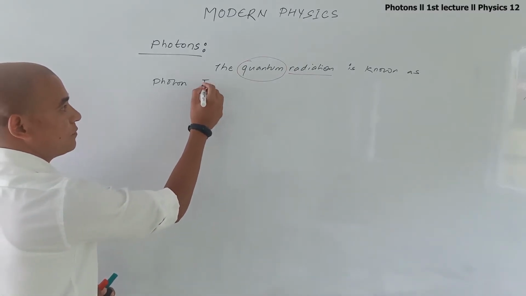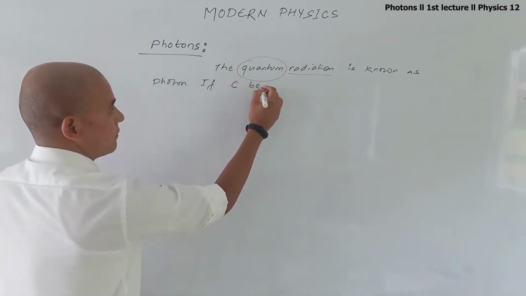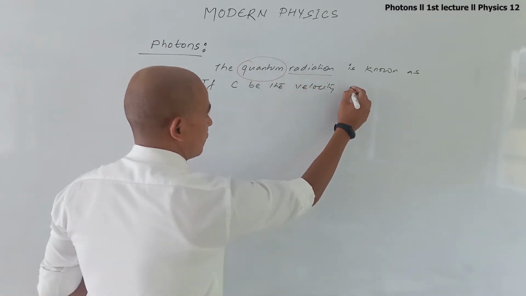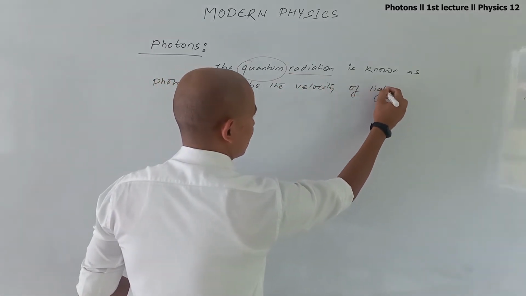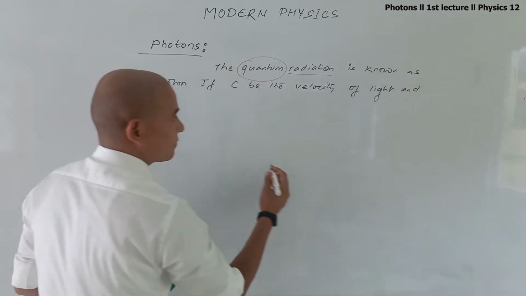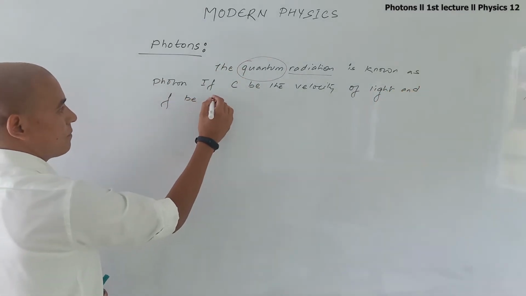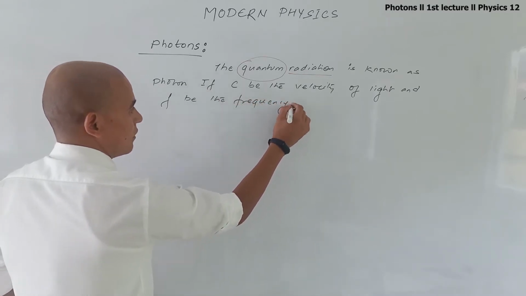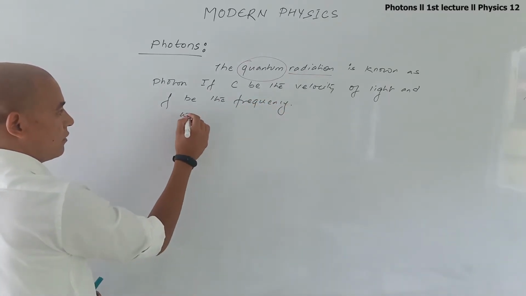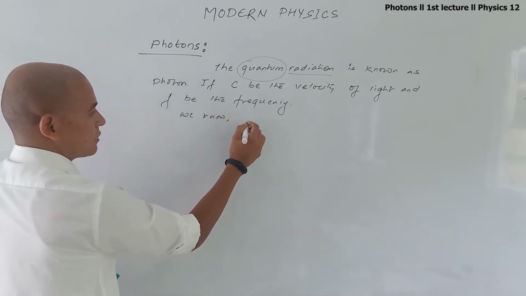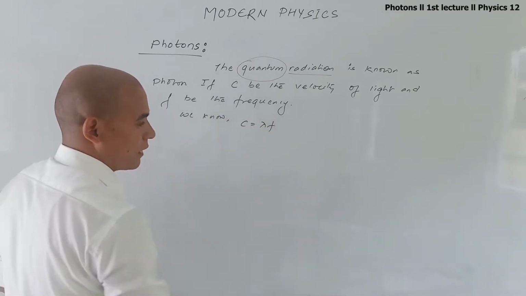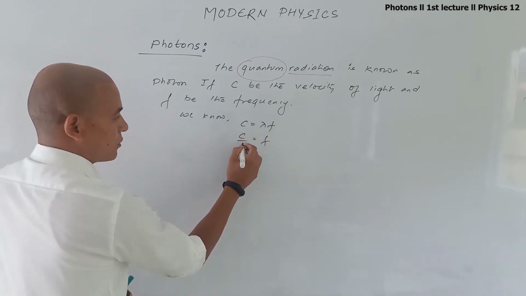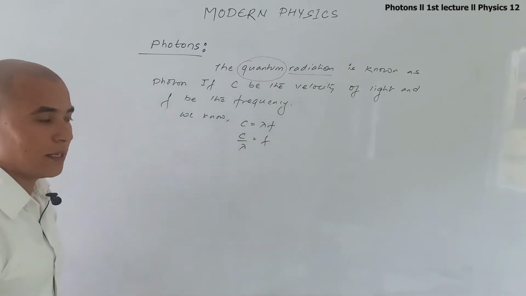If c be the velocity of light and f be the frequency, then we know c will be equal to lambda f. So f will be equal to c by lambda.